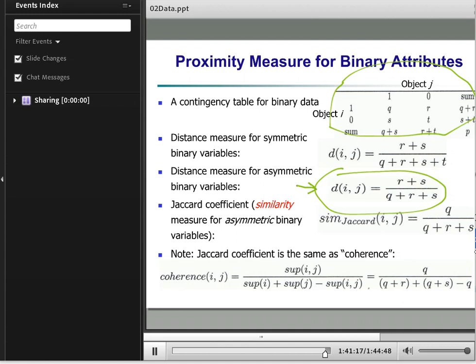Maybe someone decided to use the Jaccard coefficient, this one, for similarity between people.